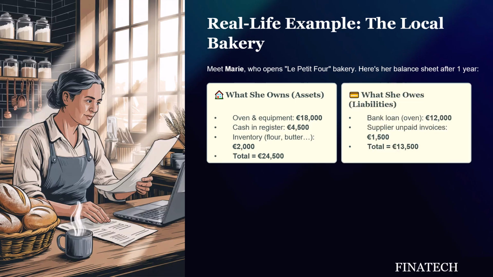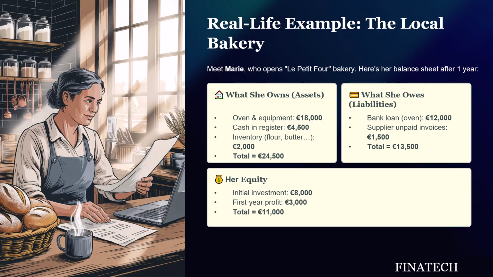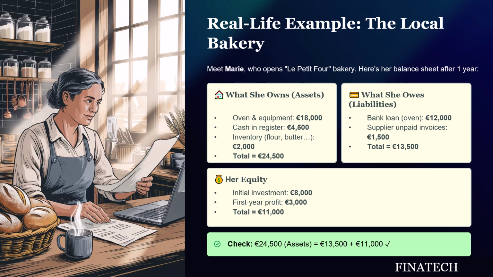What she owes is liabilities, and her equity. After checking, we see the assets equal liabilities plus equity. That means the balance sheet of the local bakery is correct.